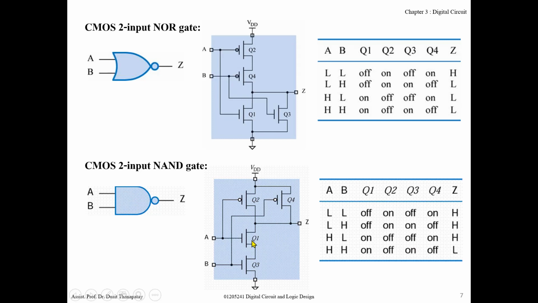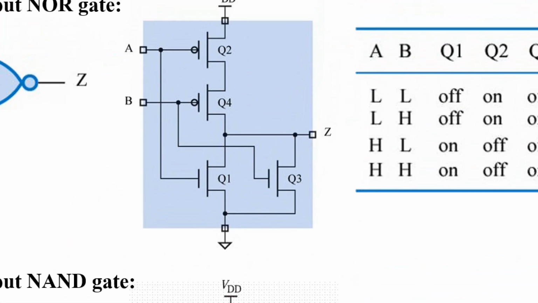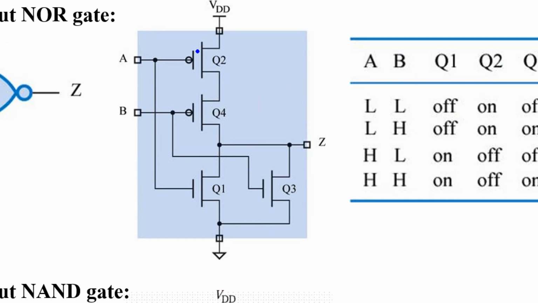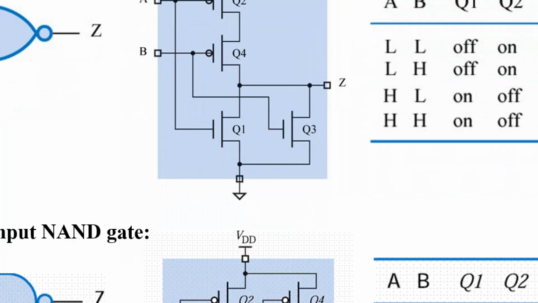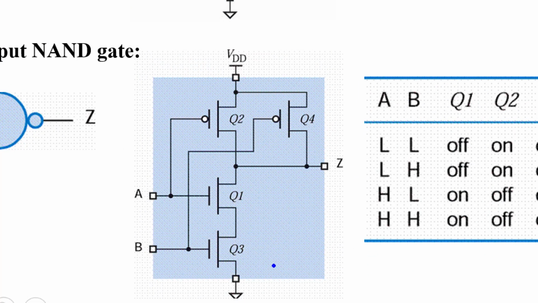But please note something about the circuit configuration. The first thing, which you already know from last time: the active low switch connects to VDD, and the active high switch connects to the ground side, for all the circuits.